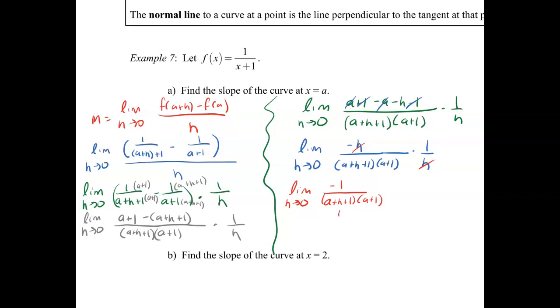So I should get 1 over a plus 0 plus 1, because I'm plugging in 0 for h, times a plus 1, which all in all is just going to turn into 1 over the quantity a plus 1 squared, because this 0 is going to go away. I have two of the same things being multiplied together, which I can just rewrite as a quantity squared. Algebra. Yay!